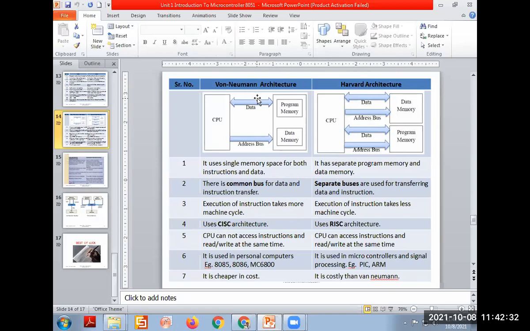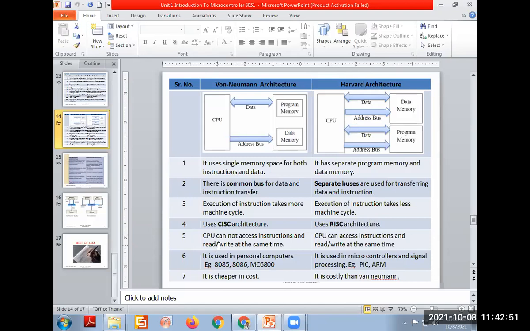The 8051 comes under the von Neumann type of architecture. Harvard architecture comes under the RISC architecture. It has a reduced instruction set, meaning very few instructions are there in case of Harvard architecture.